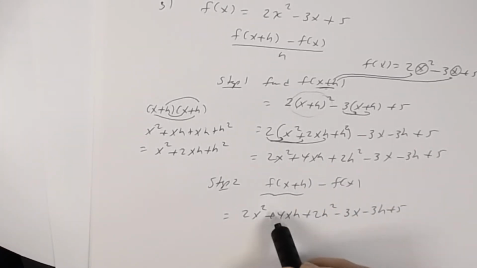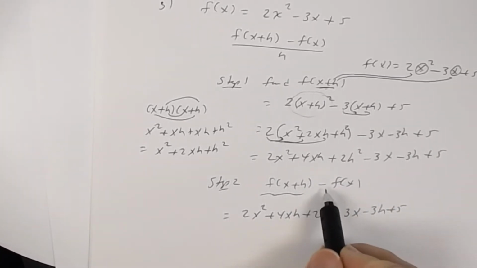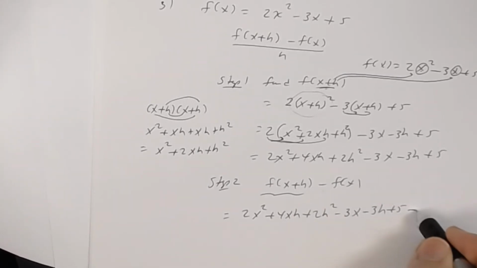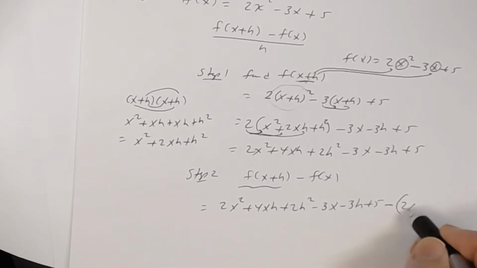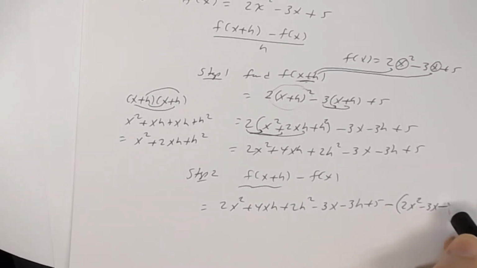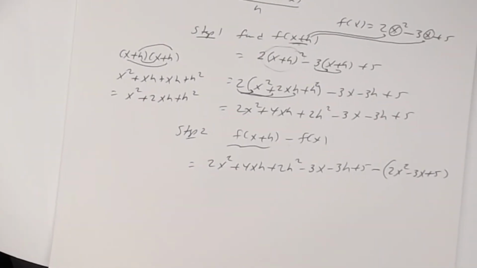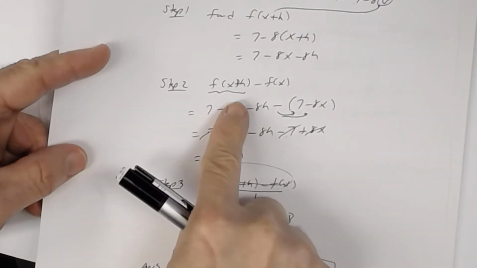But don't forget, you're subtracting your function, which is this trinomial, 2x squared minus 3x plus 5. Just like we did with step 2 in the linear.